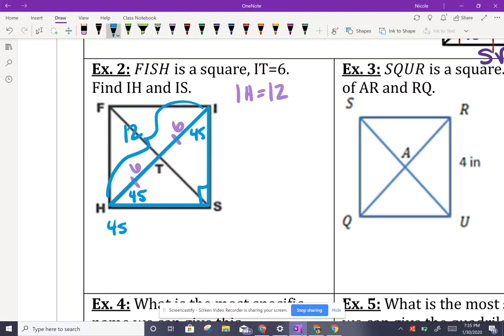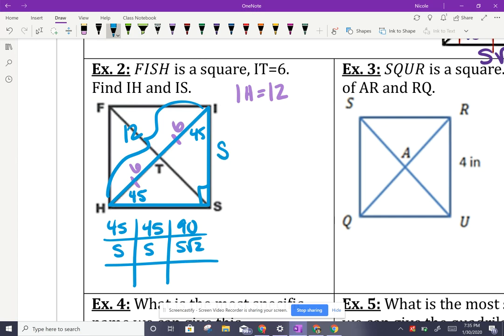So you have 45, 45, 90, S, S, S root 2. So we are looking for one of the sides across from the 45. So that's our S. Across from your 90 is S root 2.